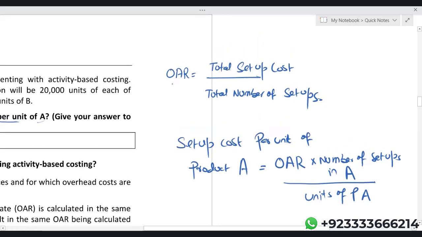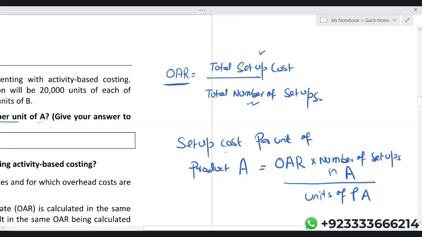Repeat. First, obviously, we need to calculate the overhead absorption rate: total setup cost divided by total number of setups gives us the overhead absorption rate per setup.